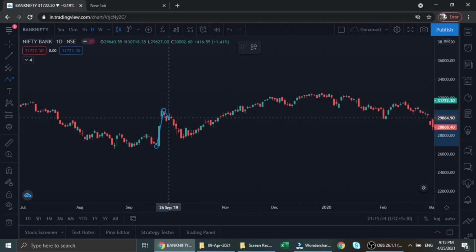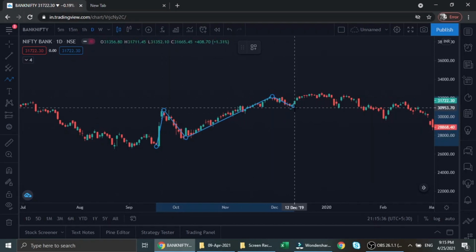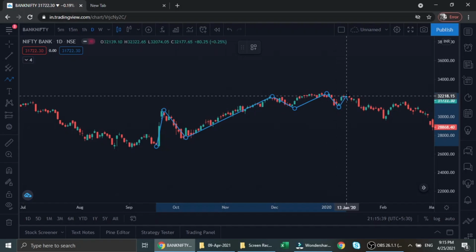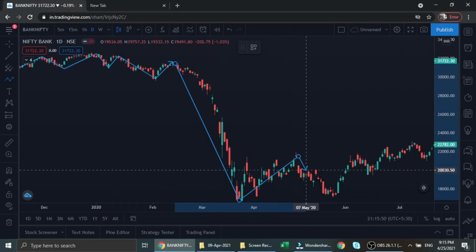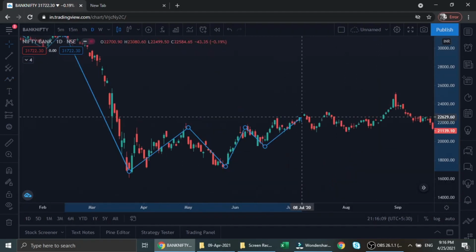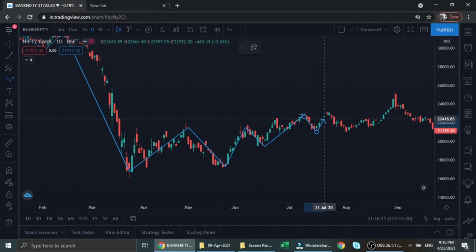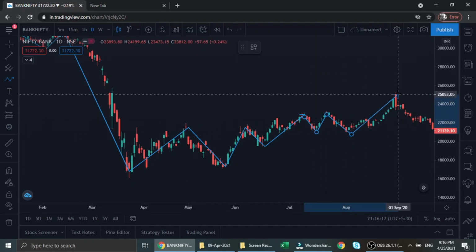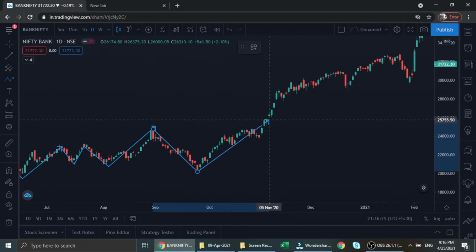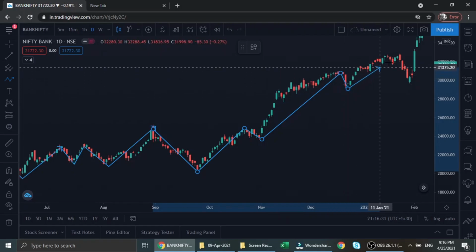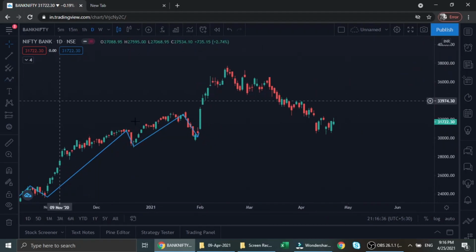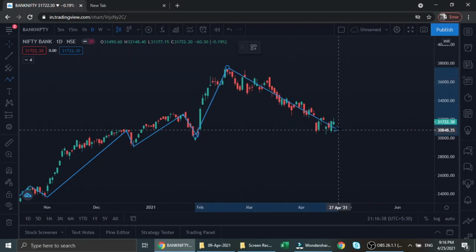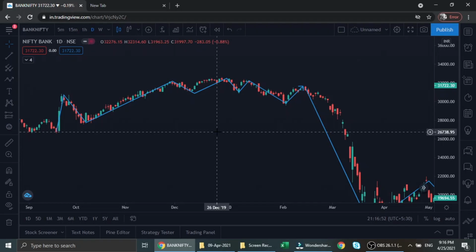This is a high swing, this is a low swing, this is a high swing, this is a low swing, high, low, high, low, and so on, swing high and swing low. Let's see where the direction has changed.